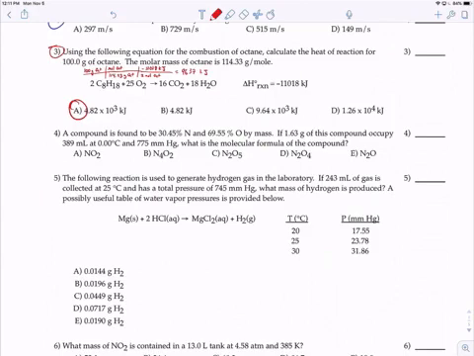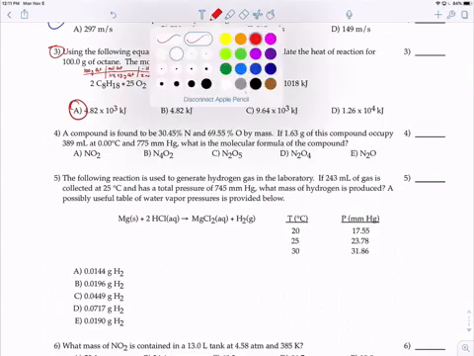A compound is found to be 30.45% nitrogen and 69.55% oxygen by mass. If 1.63 grams of this compound occupy 389 milliliters at 0 degrees Celsius and 755 millimeters of mercury, what is the molecular formula of the compound? Oh god, it's going to be a long one.